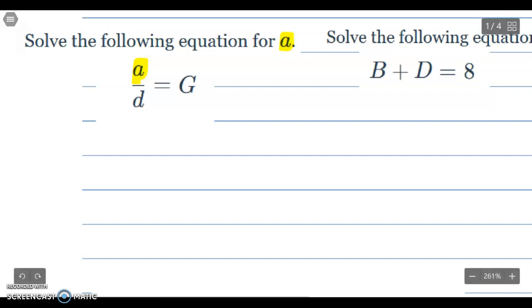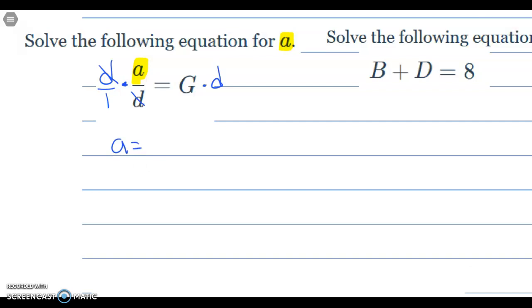And I see that the A is being divided by D, so you always do the opposite. What is the opposite of division? You multiply. So we're going to multiply by D, and if you want to, you could put it over 1. And on the right side, we're going to multiply by D as well, okay? And we end up with the D's canceling out, leaving us with A equal, just like we normally have X equal.